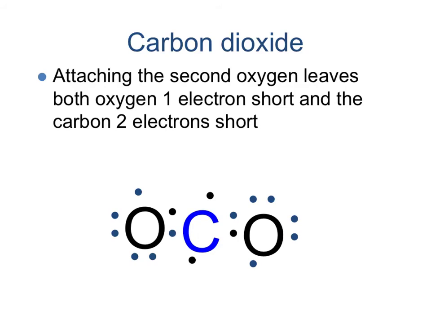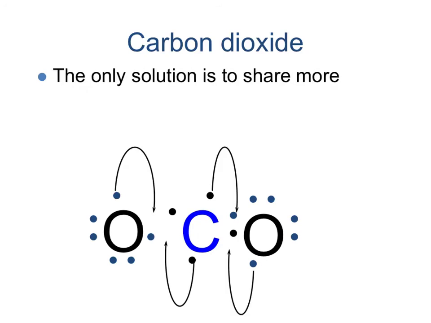So at this point, what can we do? The only option is to just do some more sharing. If we do some more sharing, we can get all of our electrons to be around each atom. Remember, they're bouncing back and forth here in these spaces, and everyone can share and be happy. So here's that 1 electron from the carbon, and here's that other electron from that carbon that isn't paired.